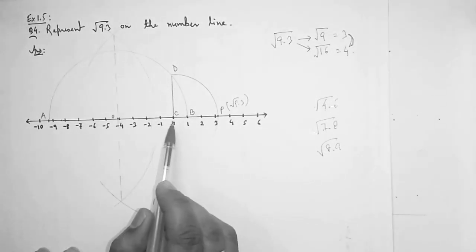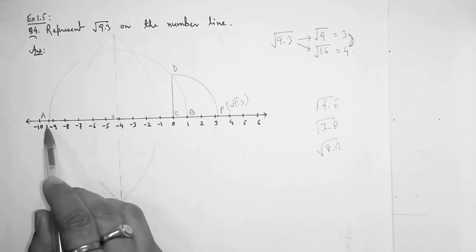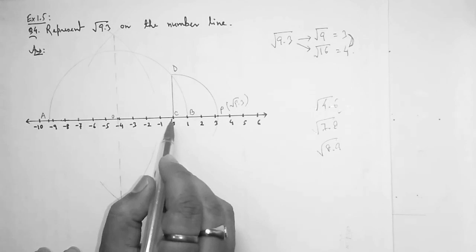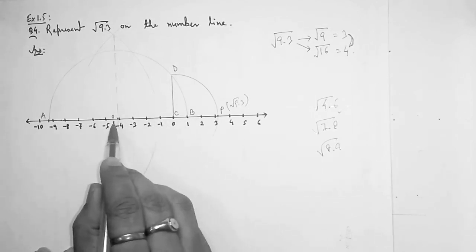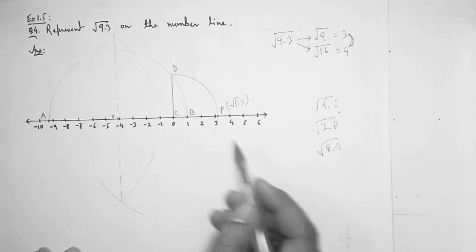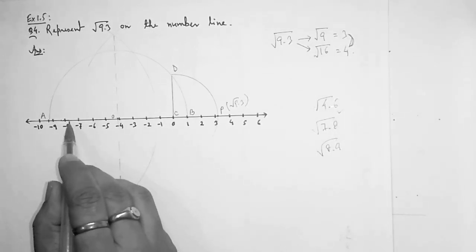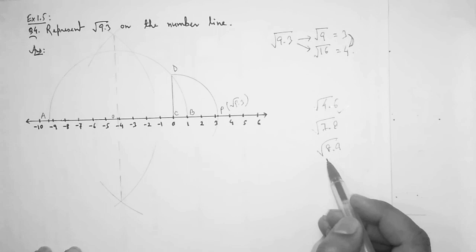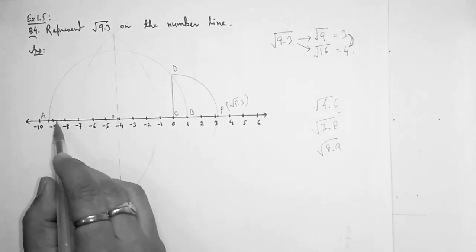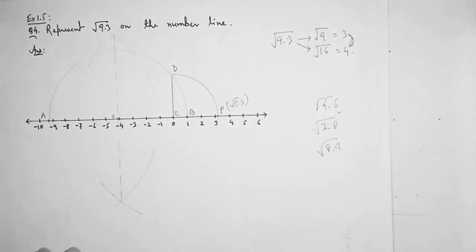If it is 4.6, simply from 0 you take minus 4.6 somewhere there. If it is 7.8, you take minus 7.8. If it is 8.9, then you take minus 8.9 somewhere between minus 8 and minus 9, and the remaining steps are all the same.